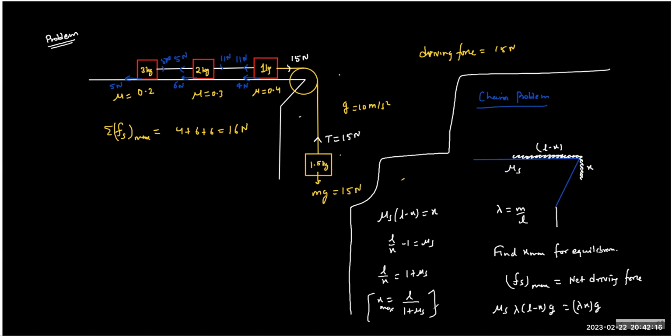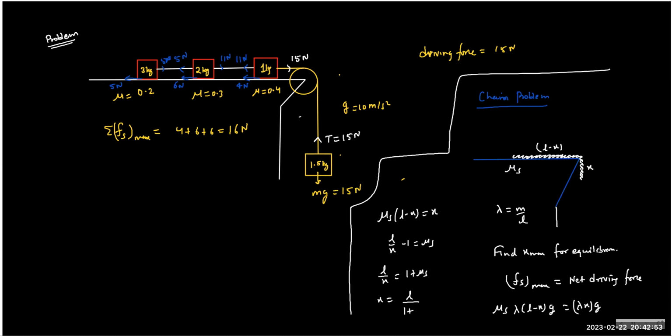Okay. Is it clear? Yes, sir. So the friction will try to stop it. Oh, my bad. I made a mistake. So L by X minus 1 is 1 by mu, right?